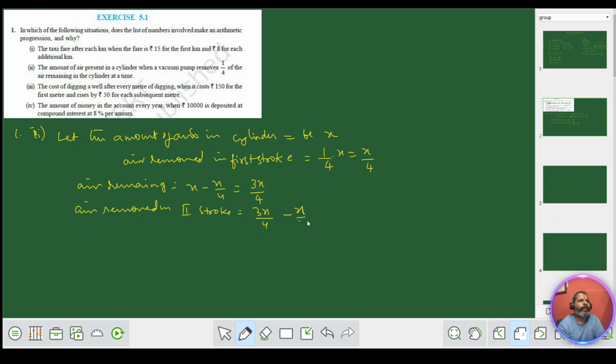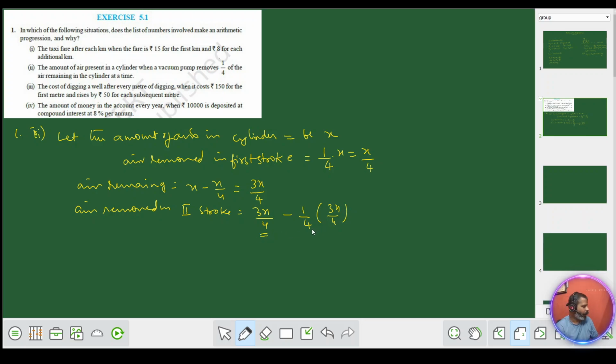So 1 by 4 of 3x by 4. So air remaining is this much.